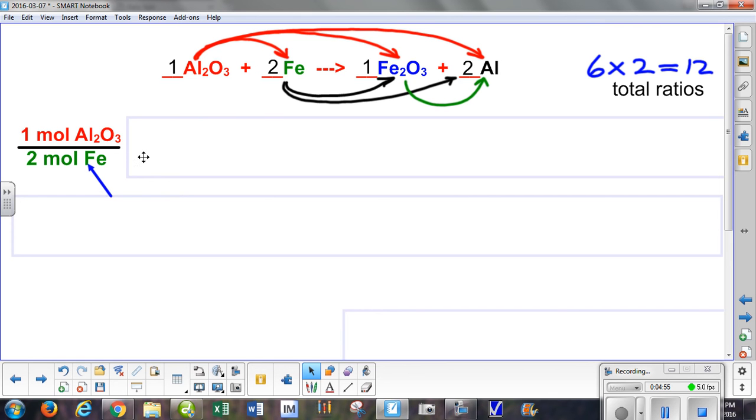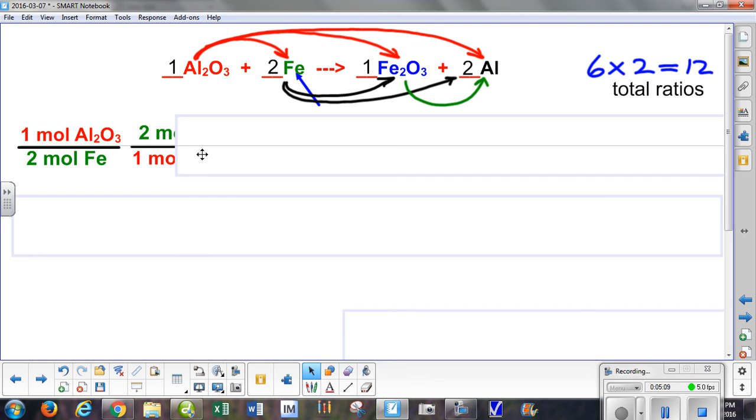And then we move on. Second arrow. Here, let's see if I can get this to pick up. There we go. And here's my iron. So let's get that same ratio now in reverse. So now I have 2 moles of iron to 1 mole of aluminum oxide.